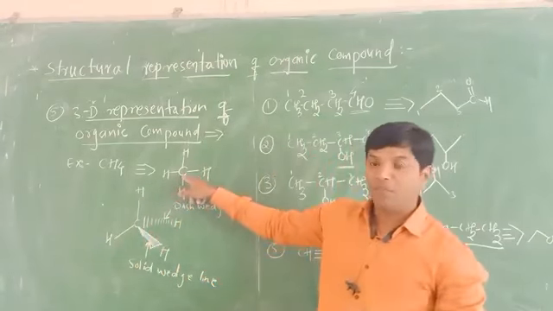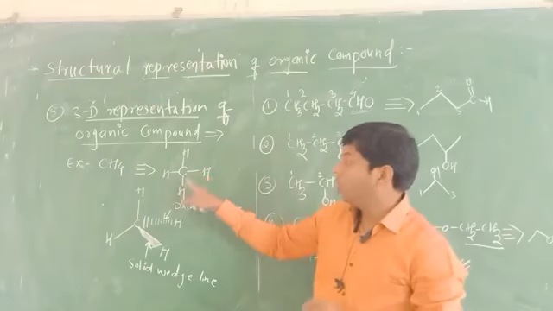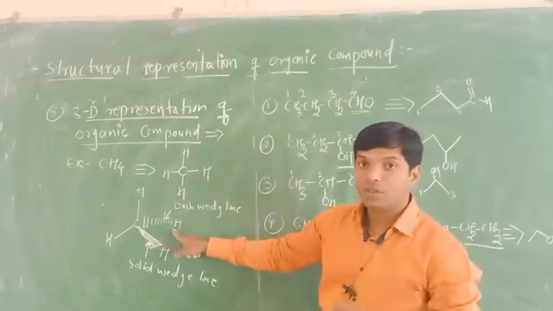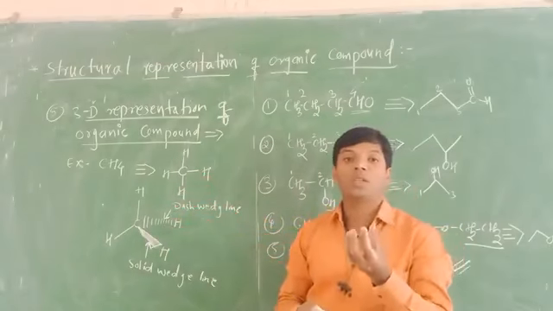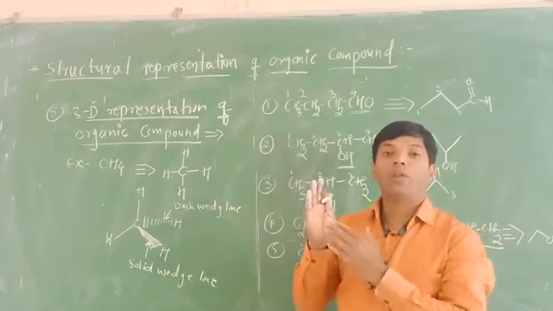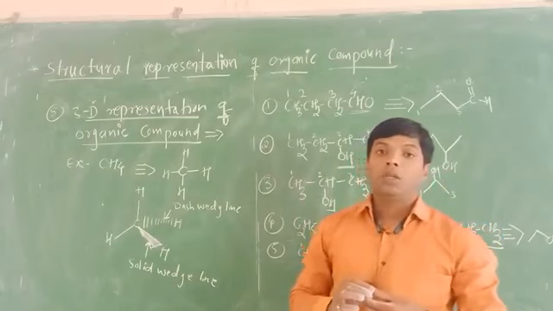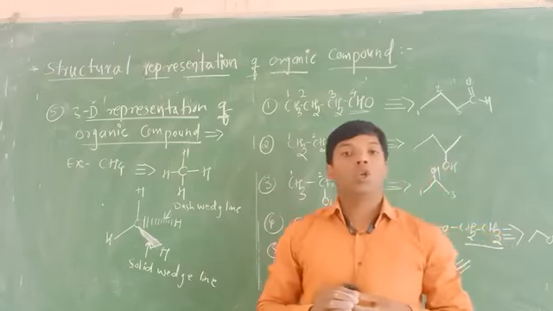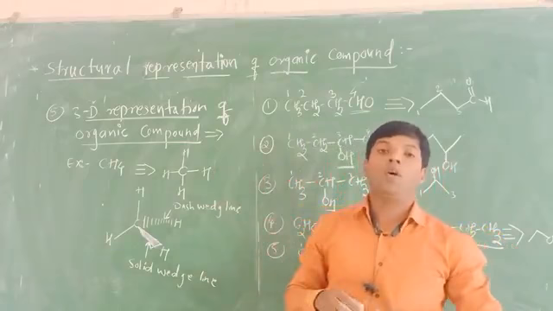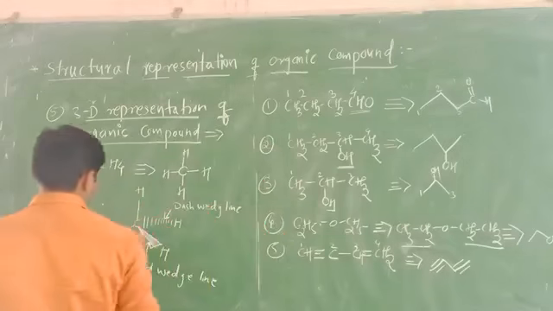Carbon atom is the center atom. 4 bonds are there. This particular methane compound, how to represent the 3D structure? In the 3D structure, the compound is held on the plane of the paper or plane of the board. Out of 4 bonds, 2 bonds are placed on the plane of the paper or plane of the board. They are indicated by a normal line.